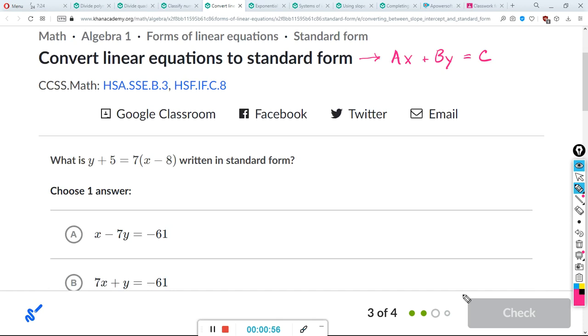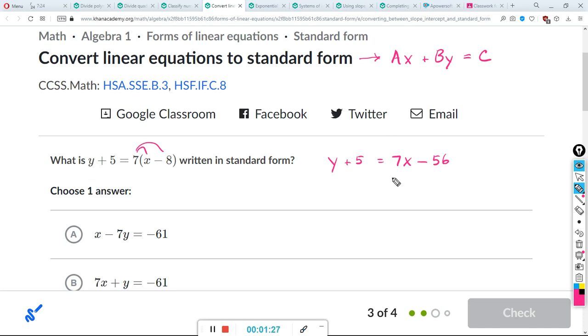So let's see. We start with y plus 5. And on the right hand side, you want to distribute 7 times x and 7 times negative 8. That's negative 56. Okay, so we want the numbers on the right hand side, and we want the x and y on the left.